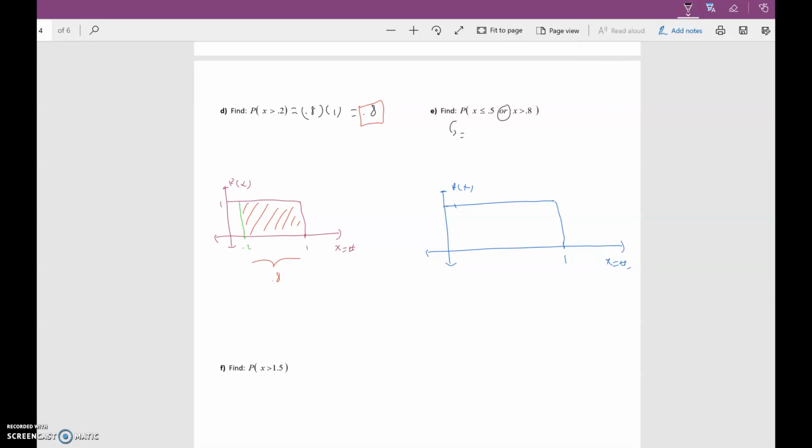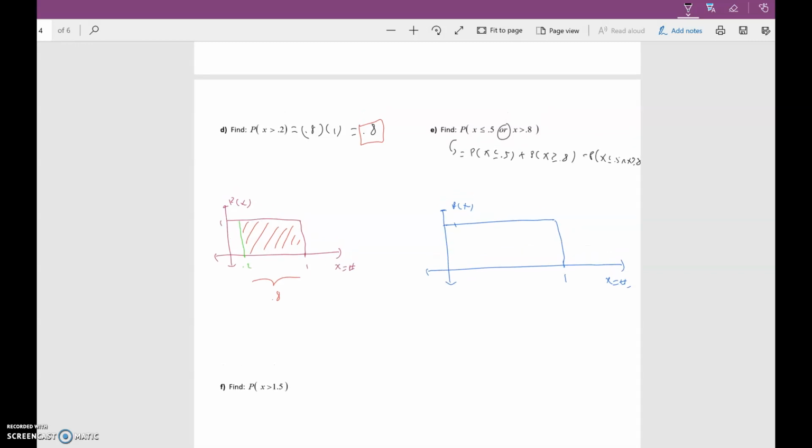If you were to evaluate the OR statement, this one would be the probability that X is less than or equal to 0.5 plus the probability that X is greater than or equal to 0.8 minus the probability that X is less than or equal to 0.5 intersection X greater than or equal to 0.8. Oh, shoot, it doesn't fit. Let me rewrite the formula again.